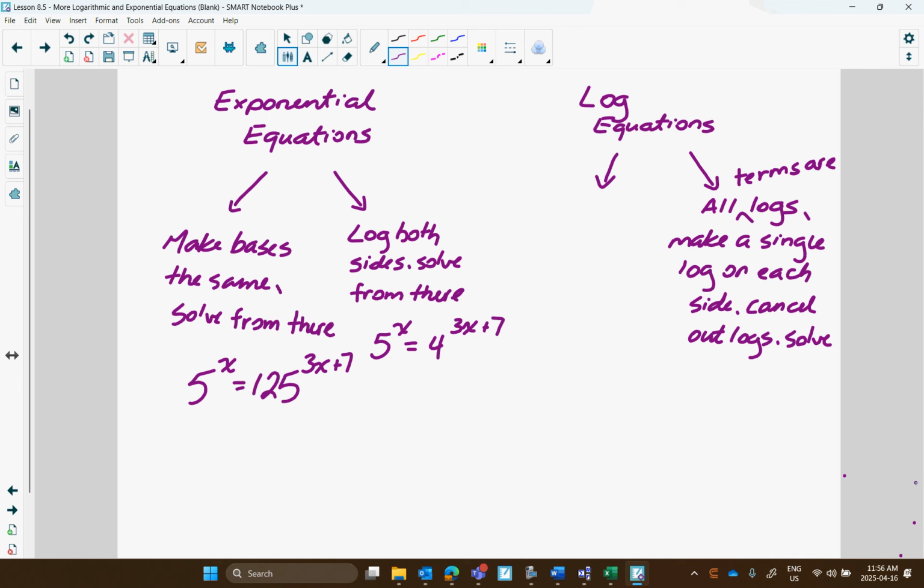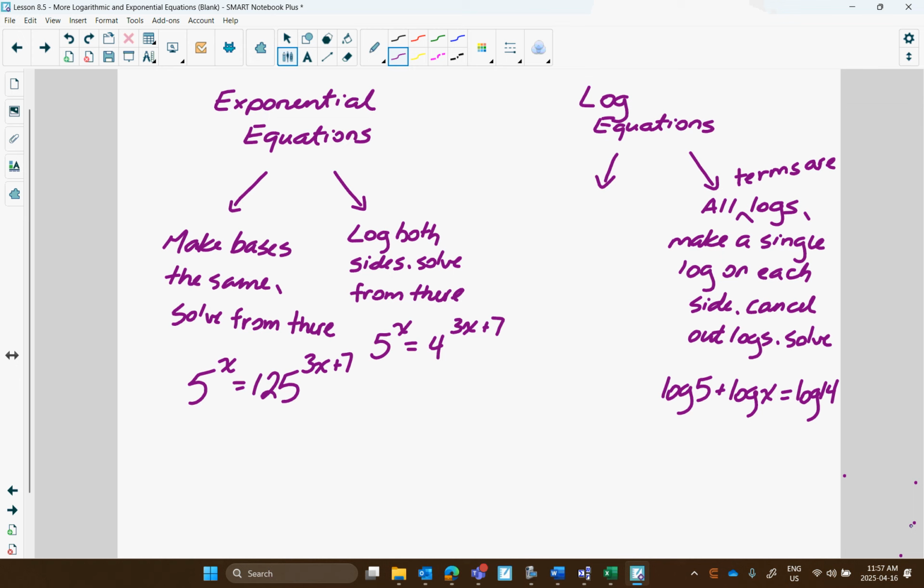An example of that would be log 5 plus log x equals log 14. You can combine to log 5x, cancel out the logs, and you're left with 5x equals 14, x equals 14 over 5.